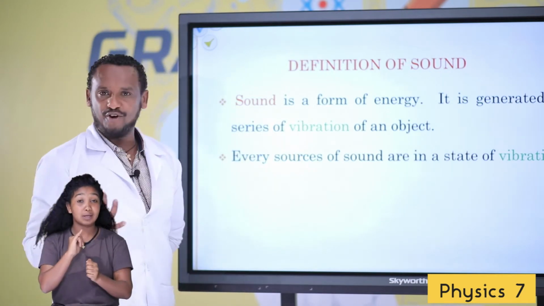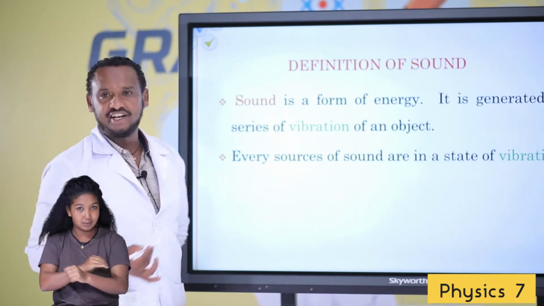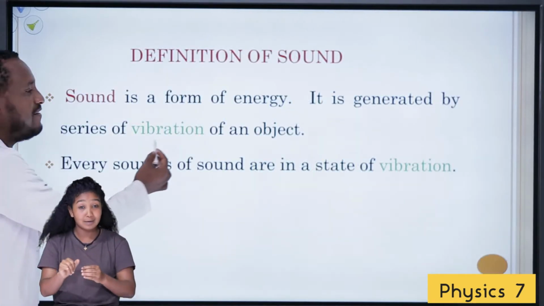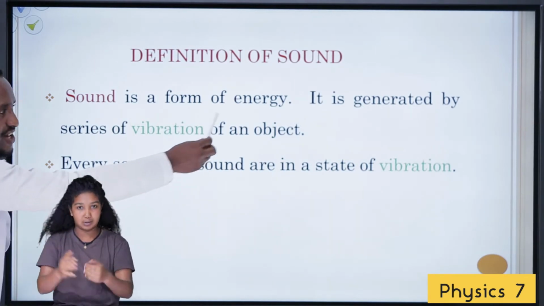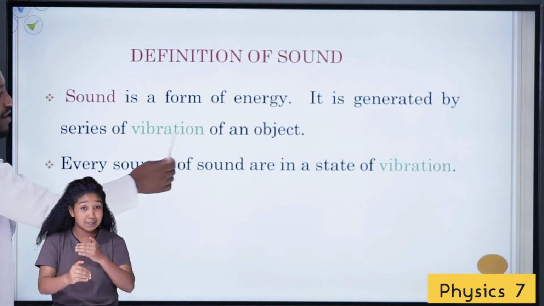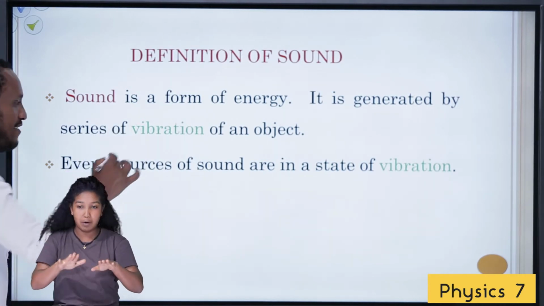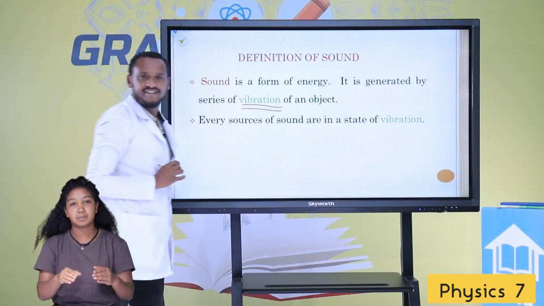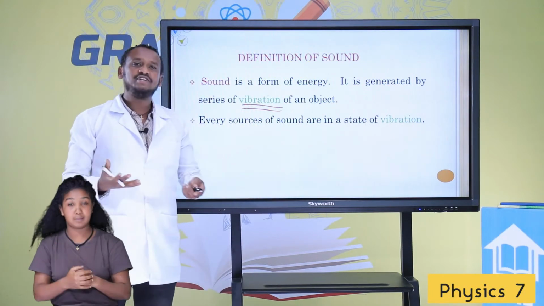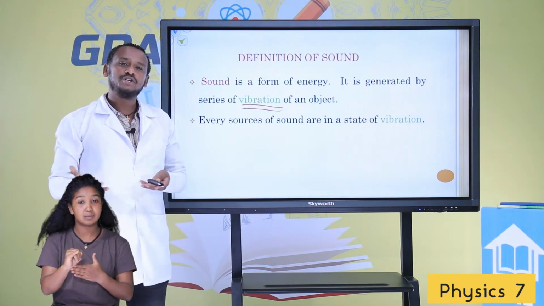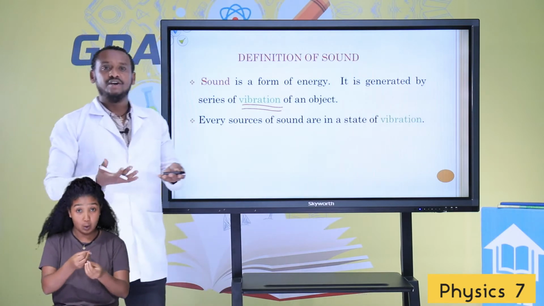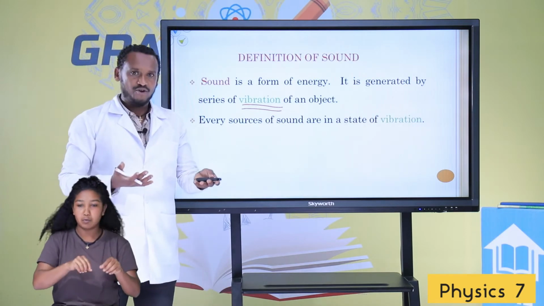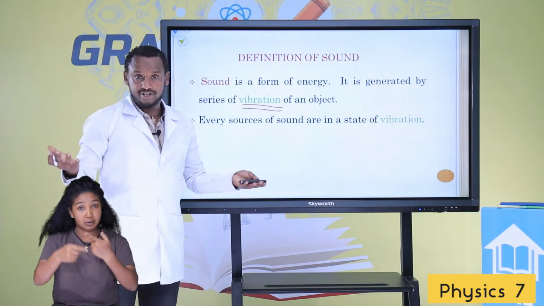Sound is a form of energy. It is generated by a series of vibrations of an object. Vibration means a displaced motion of an object, which means the object moves to and fro, back and forth, and so on.